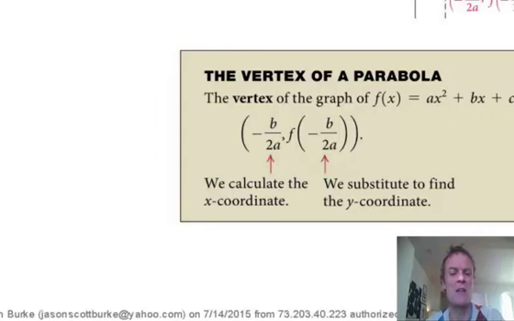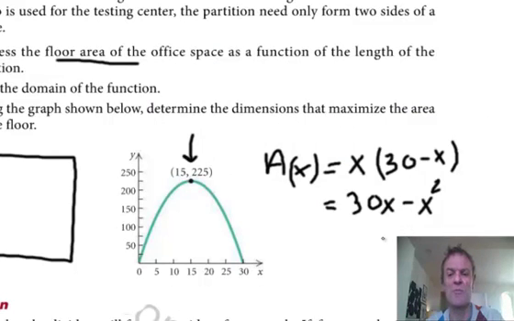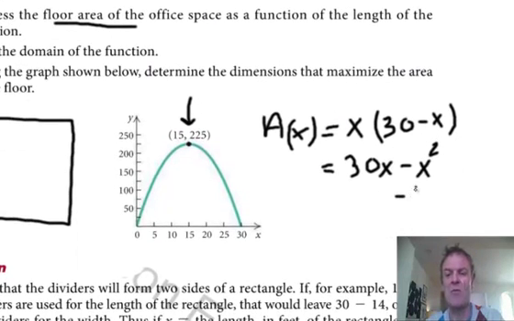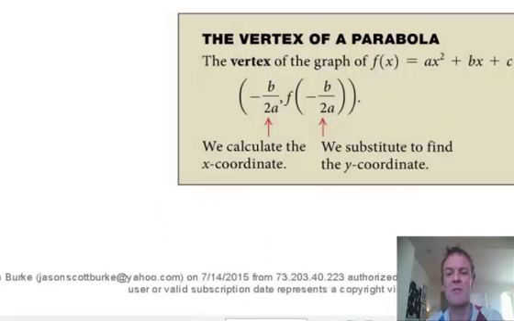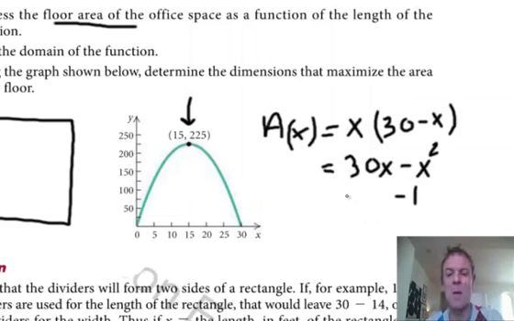So let's go back to this. A is negative 1. Remember, x squared first. B is 30. So that's B, and that's A, unfortunately. Now I'm just jumping ahead here. Obviously this is showing you graphically that it's 15.